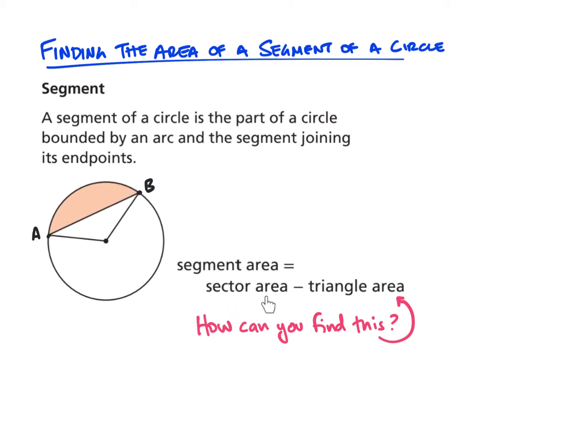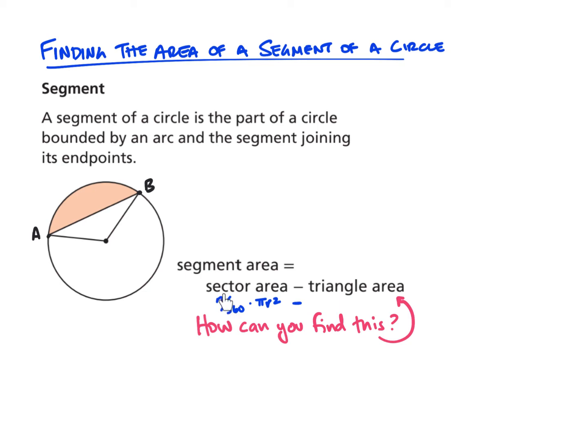The sector area formula we learned just a few minutes ago: we take n over 360 and multiply that by pi r squared, and then we subtract the triangle area. Well, how are we going to find the triangle area?